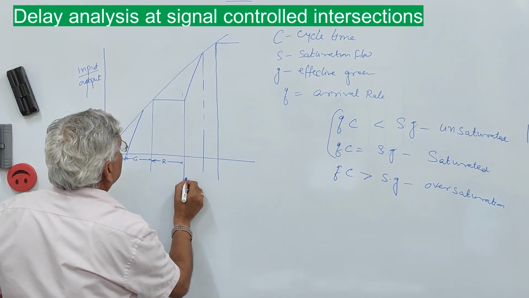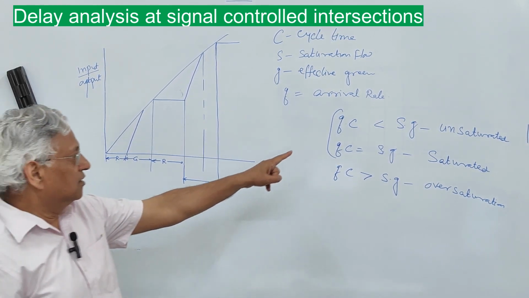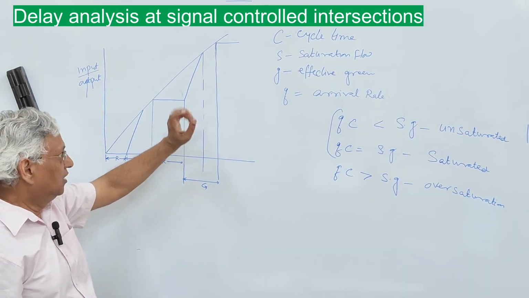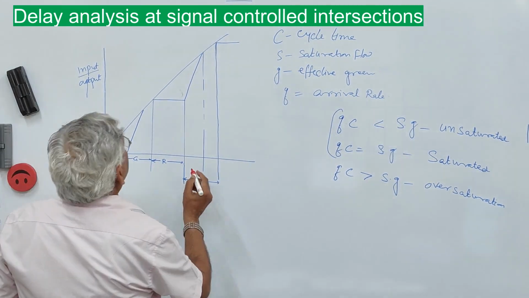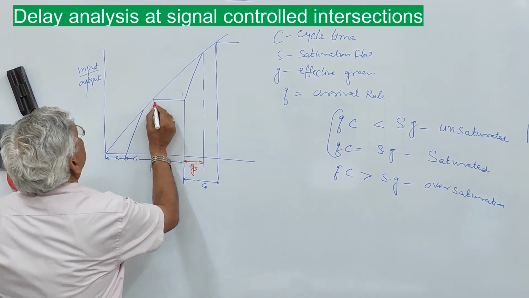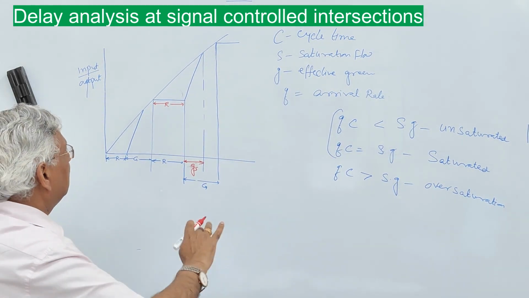Again green. So, in the first case, this entire green is not saturated. A part of it is saturated, and let us call this GS, saturated green. This is red time, R, during which there is no output.